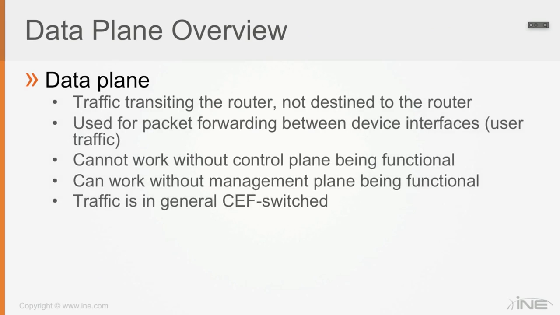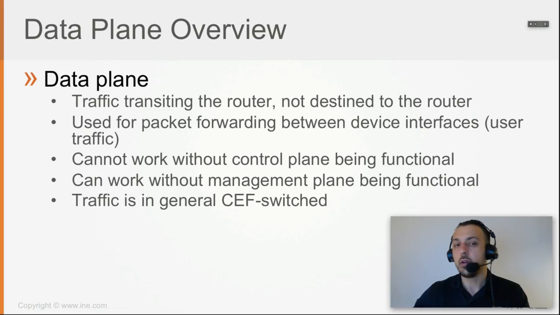Now, the data plane traffic is the actual traffic transiting the router or the device, not destined to the router or to the device. The data plane is used for active packet forwarding between device interfaces, which is nothing else but users' traffic. And the data plane cannot work without the control plane being functional, because how can the router route a packet from interface A to interface B if it hasn't learned about that destination through a routing protocol, or if ARP didn't work?